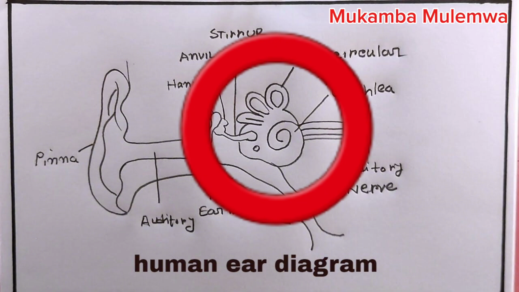It also has a basilar membrane, where there are hair-like structures. These hair-like structures have pores that transform the wave into an electrical signal.